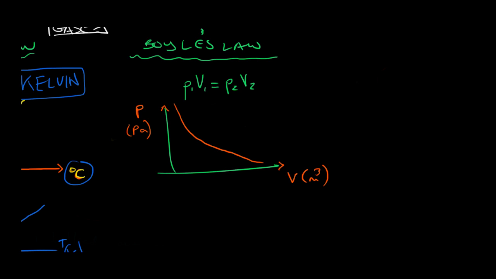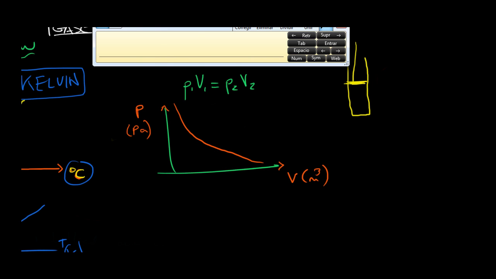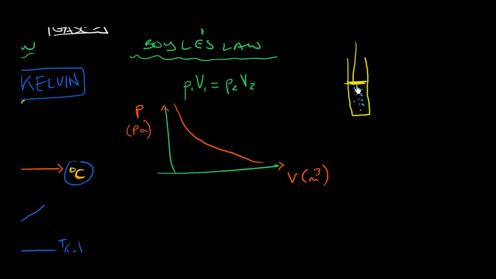And what does this mean about what's happening in the gas? Well, let's think about it. If I have a syringe like this, or sorry, it's not a very good drawing of a syringe, with some kind of gas in here with a lid, and I can move the syringe up and down, then as I push on this syringe and make the volume available for the gas smaller, the particles are going to have less volume in which to move, so they're going to collide with the container more often, because they have less to travel before they hit the next wall, right?